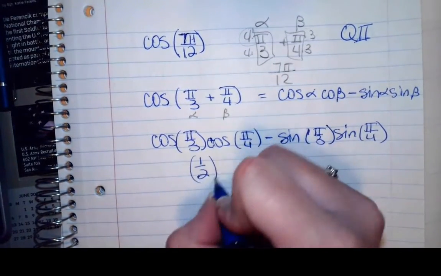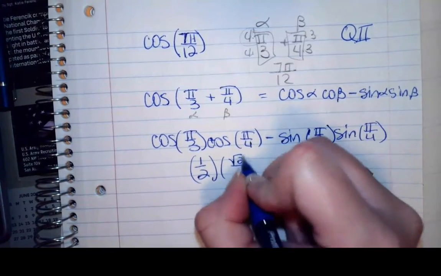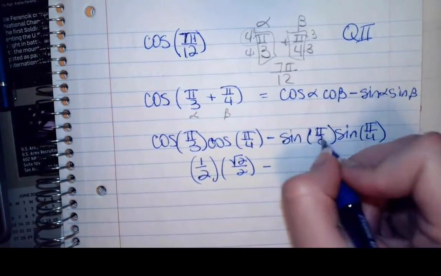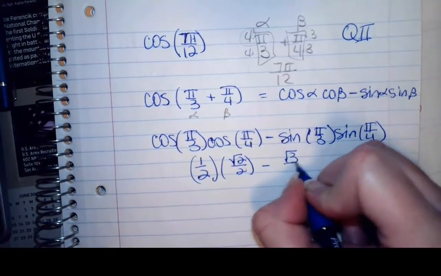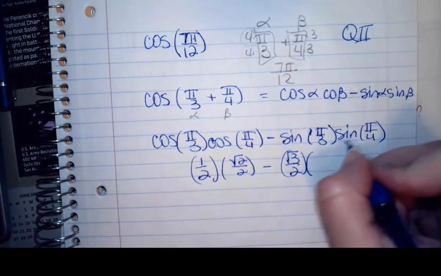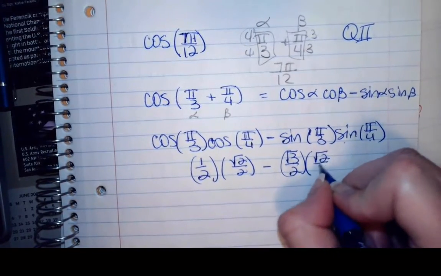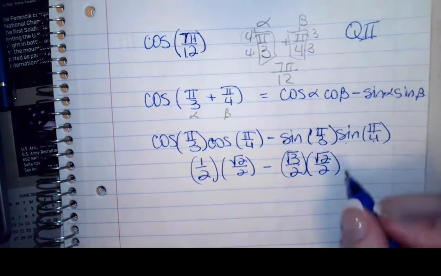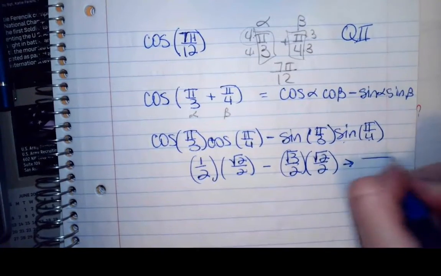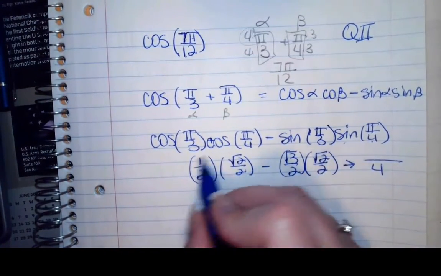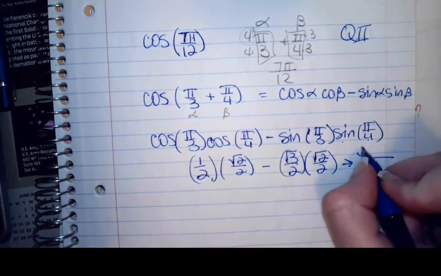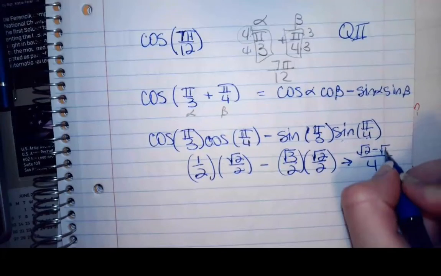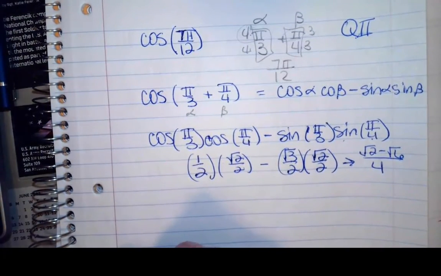Cosine of pi over 4 is root 2 over 2, minus the sine of pi over 3, which is root 3 over 2, times the sine of pi over 4, which is root 2 over 2. So my denominator again is a 4, and I'll have root 2 minus root 6, over 4.